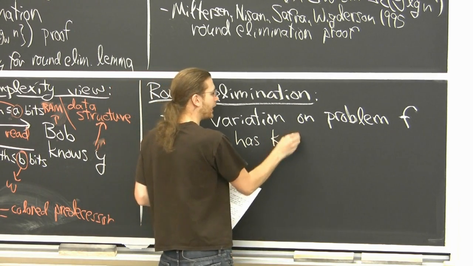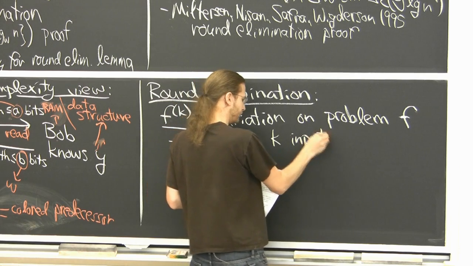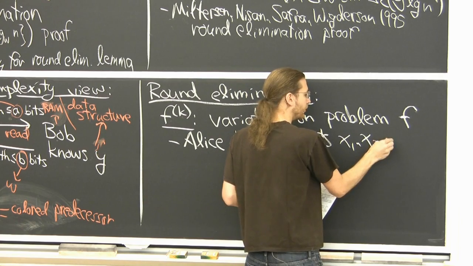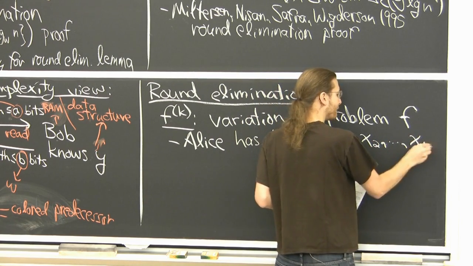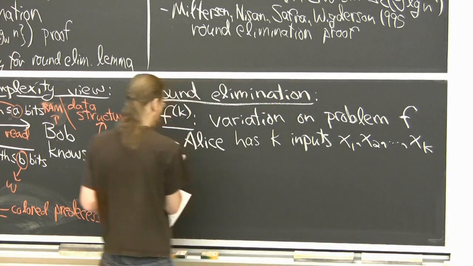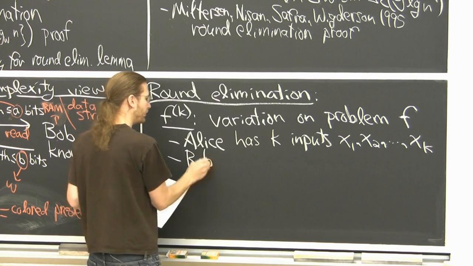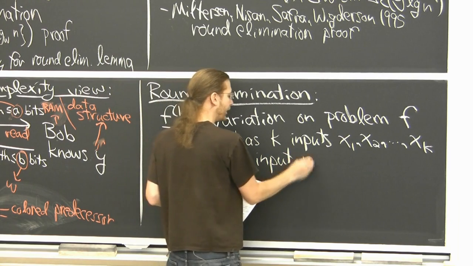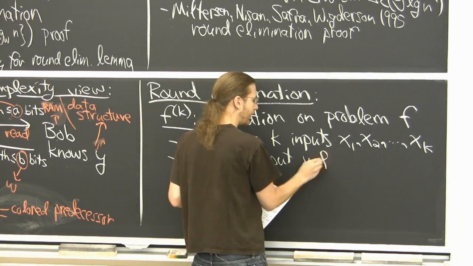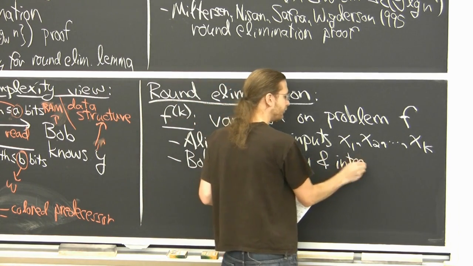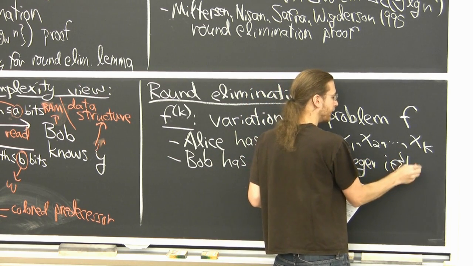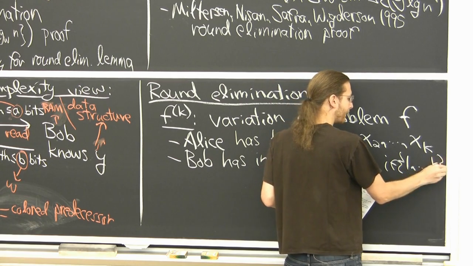But now Alice has k inputs, x1, x2, up to xk. Bob has y, as before, and it has an integer i, which is between 1 and k.